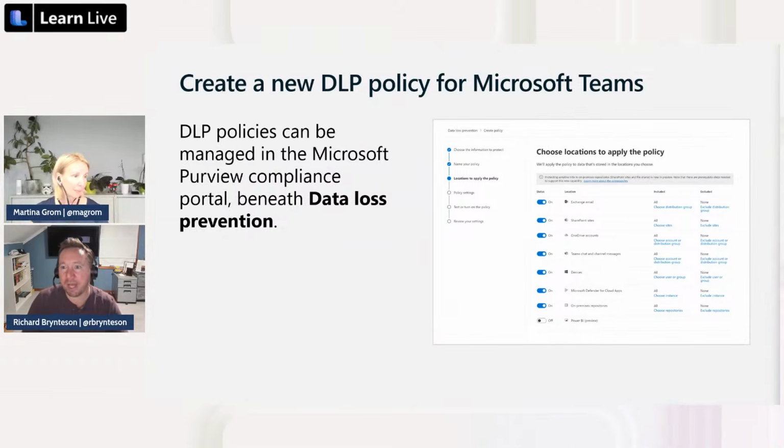Right. And you don't have to block it necessarily right away either, right? Like you can just use it to report first to help change user behavior. But obviously, you can also, like we saw in the Social Security example, just straight up block the information to prevent it from ever getting outside. So, yeah, that's true. And also think about data loss prevention policies can be applied to specific locations in your tenant, as you see here on the screen.